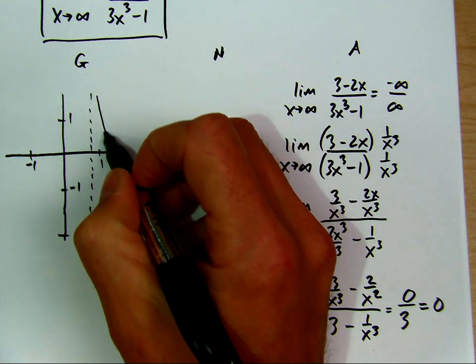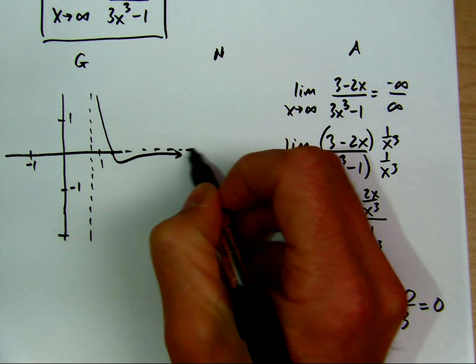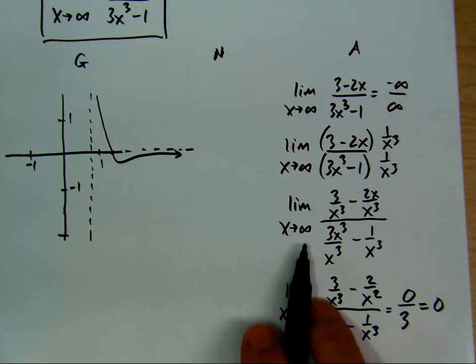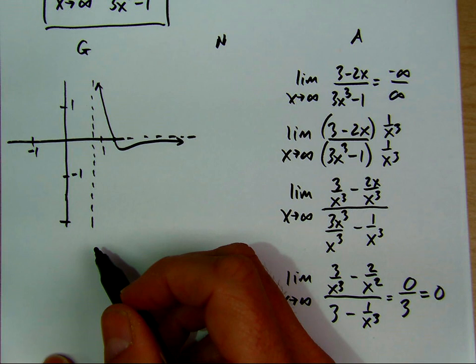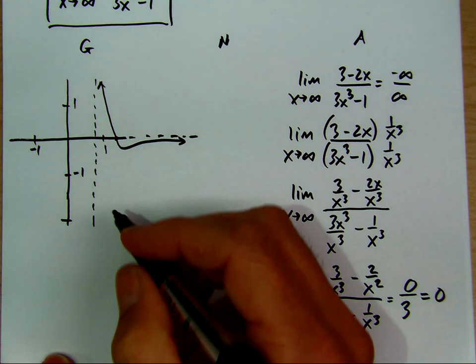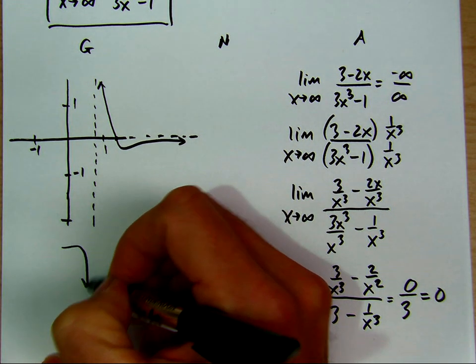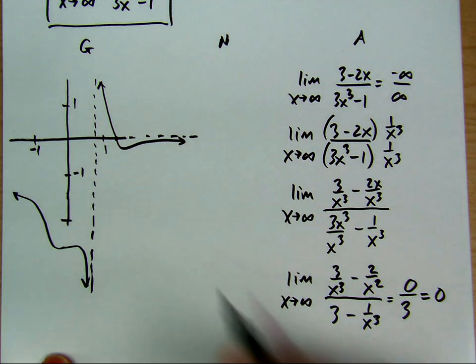So the graph goes down and then comes back up towards the x-axis. So there's the limit at infinity. It's going out to the right. The other part of the graph doesn't matter in this problem, but it goes like that and something like that.